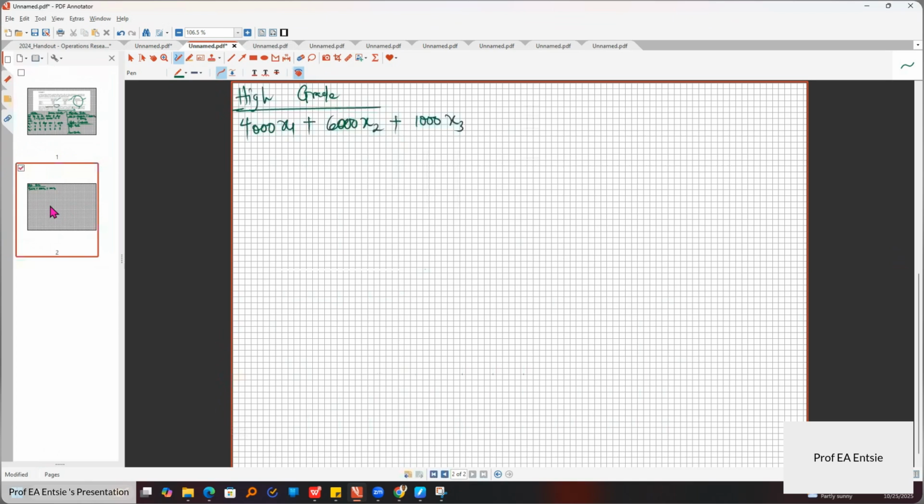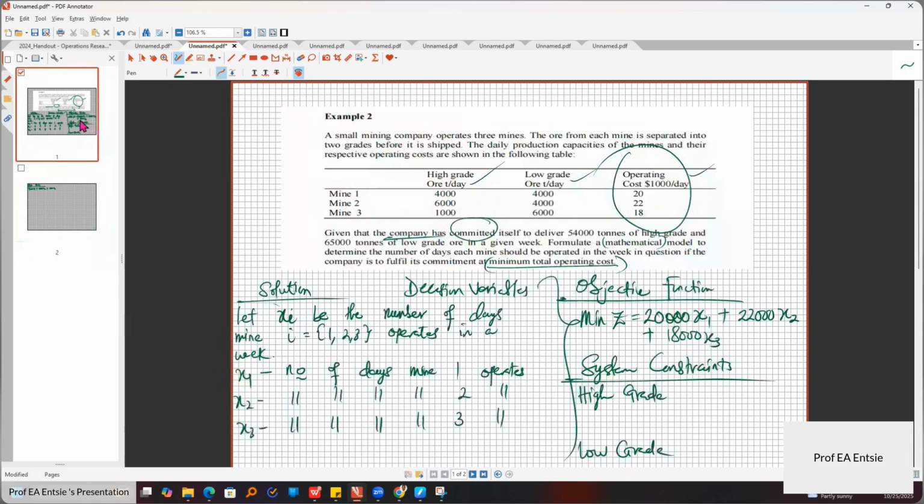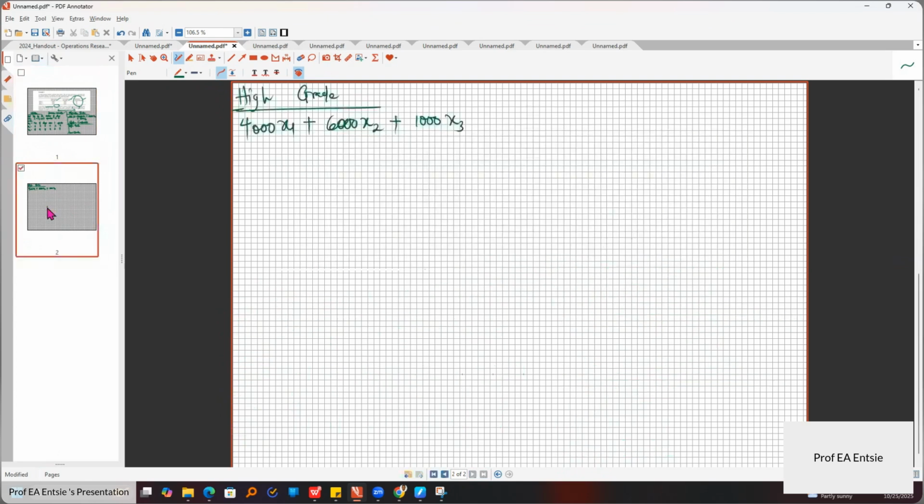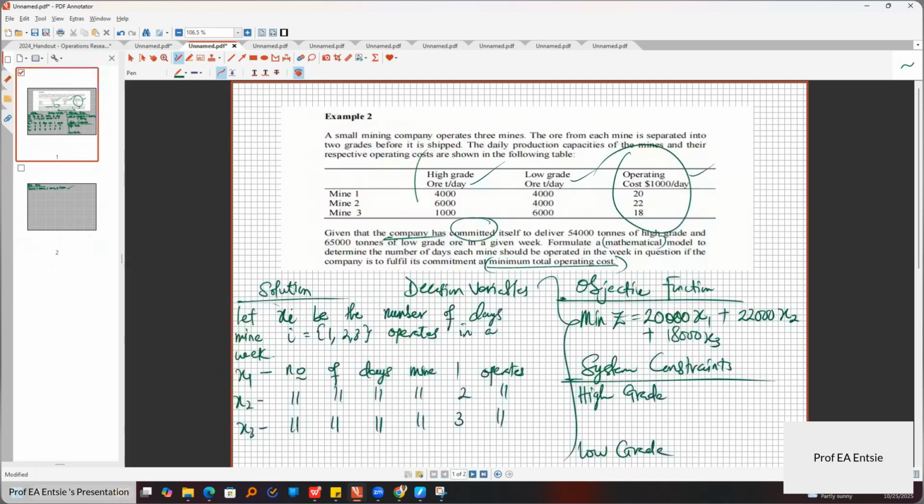So it is greater than or equal to 54,000 tons of high grade. This is the first constraint satisfied. So we are done with the constraint for high grade.